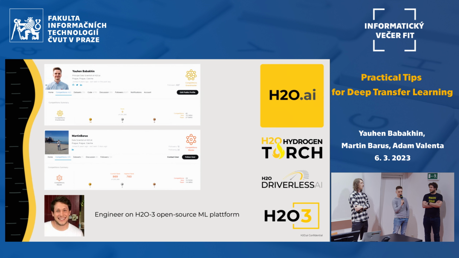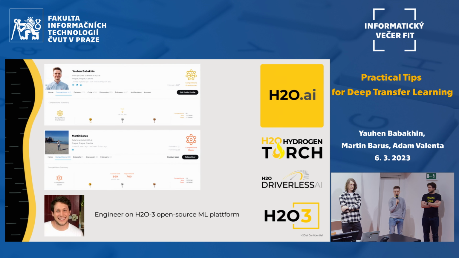My main focus there is deep learning, specifically for computer vision. And I'm also, as Martin mentioned, participating in some Kaggle competitions, and I'm a Kaggle competitions grandmaster, and currently I'm in the top 10 in the global ranking. I used to work in different domains, but currently my focus is mainly deep learning, and today we'll try to share our practical experience of tuning deep learning models.